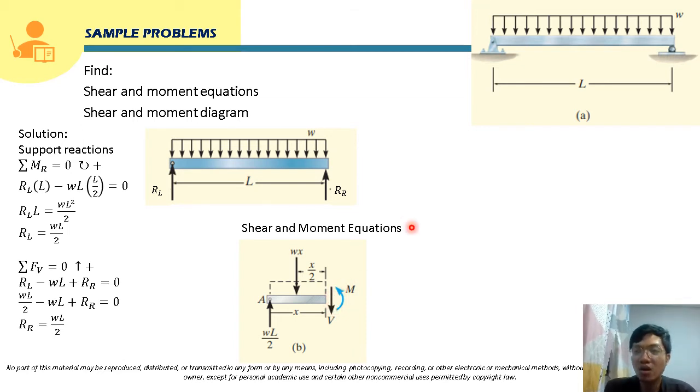Now, class, after we draw this free body diagram, we are going to solve for shear. To solve for shear, we can use the equilibrium equation, that will be summation of forces vertical. For this uniform loading, we will convert it into its equivalent point load.